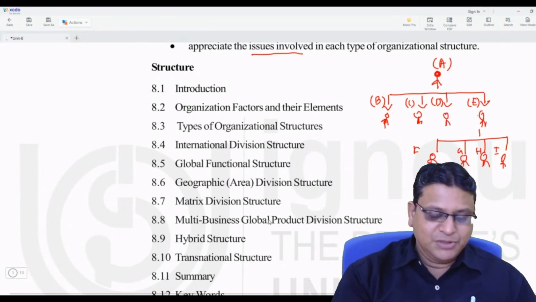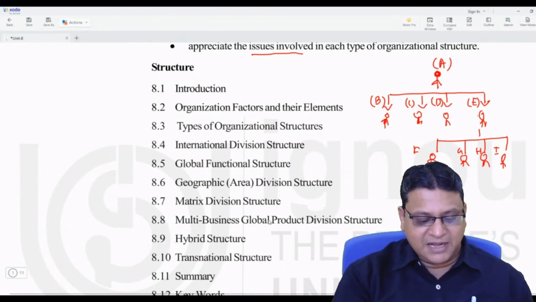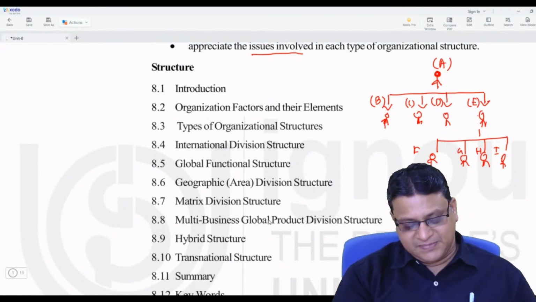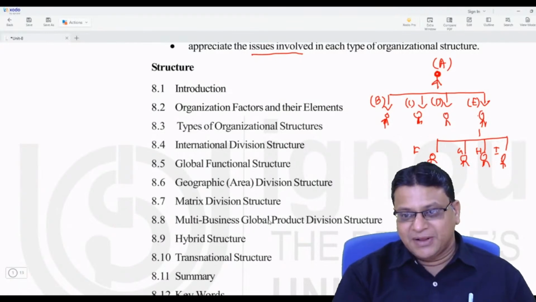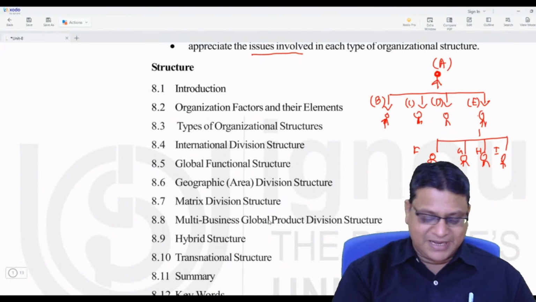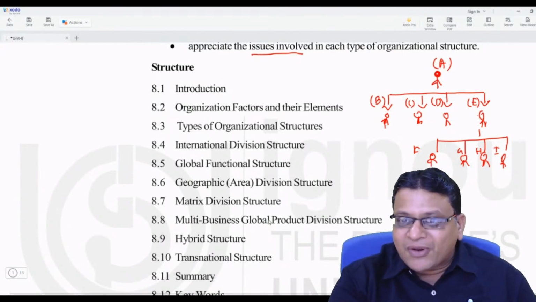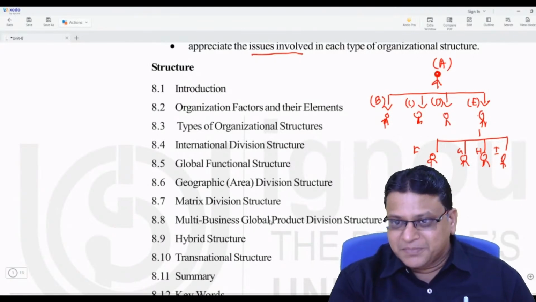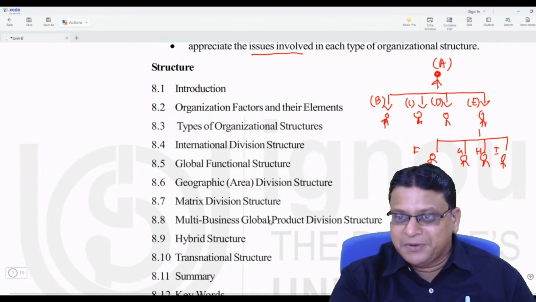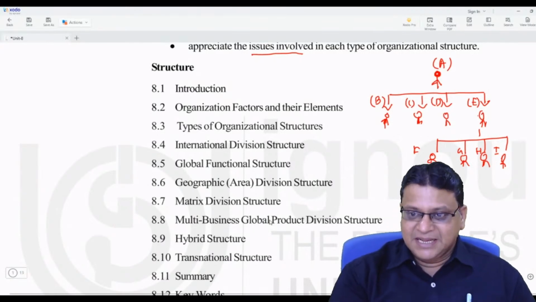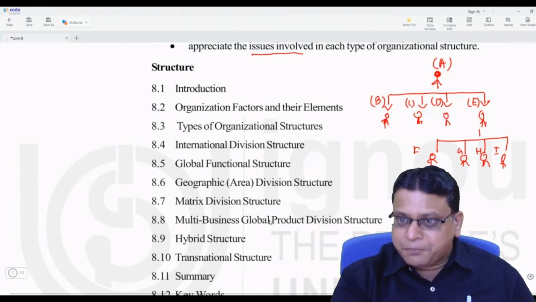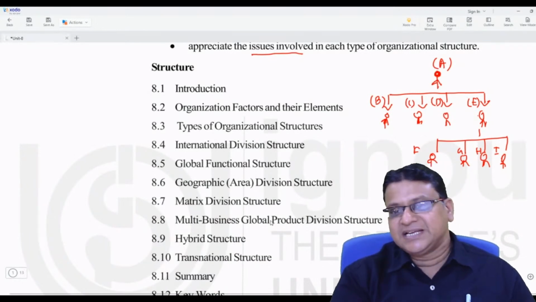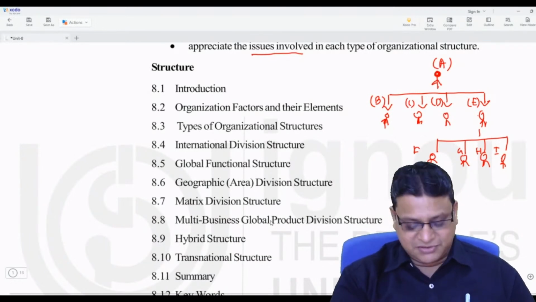It simply means the way people in an organization are organized or grouped and how they report to each other. It is a systematic arrangement of human resources in an organization. It defines the organizational hierarchy: who is at the top and who is at the bottom, who is a middle level manager, who are top level managers. It shows the work flow in an organization. How the work flows is established through an organizational structure.